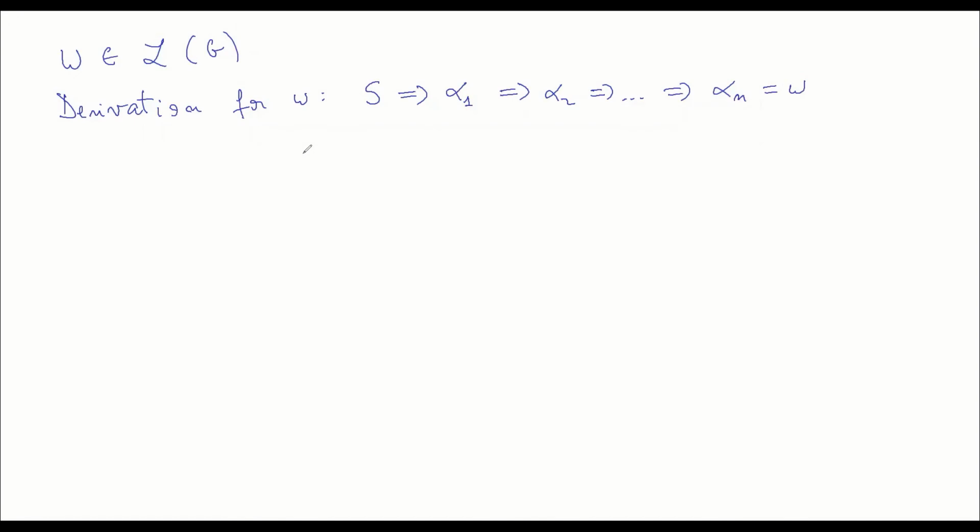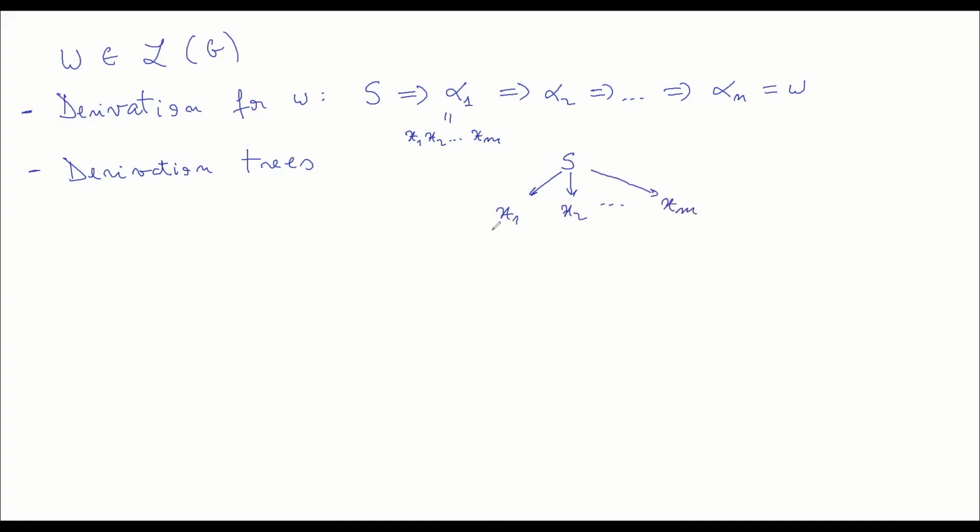And we also can represent this in terms of derivation trees. You can see this if I'm writing all the letters of alpha 1, so maybe they are x1, x2, up to xm, and these can be terminals or non-terminals. So derivation trees could be like this. S is really going into, I'm just showing all these symbols, x1, x2, all the way to xm. And some of these are non-terminals.